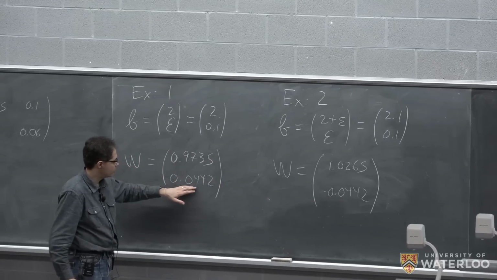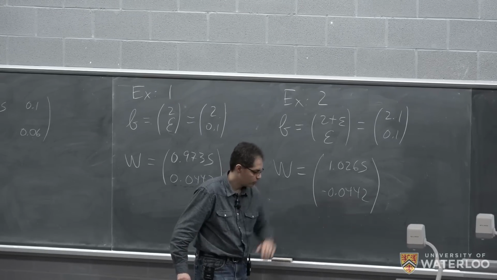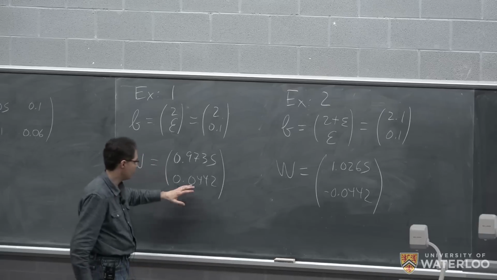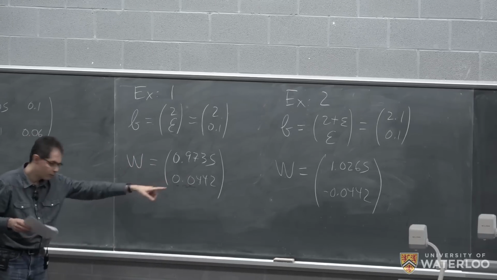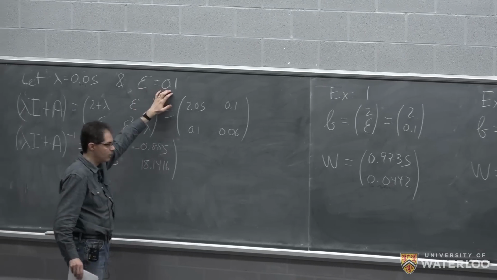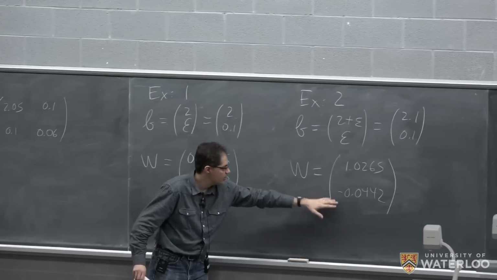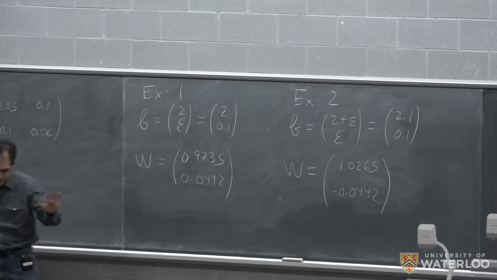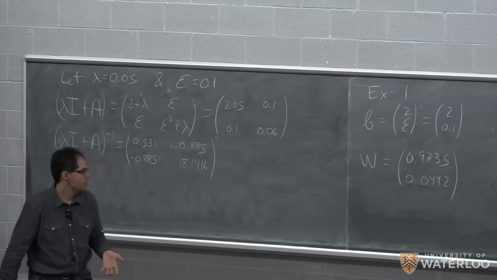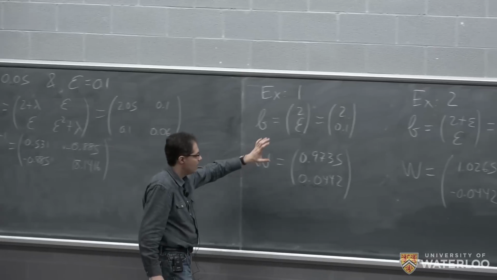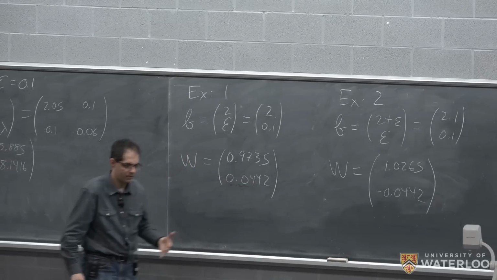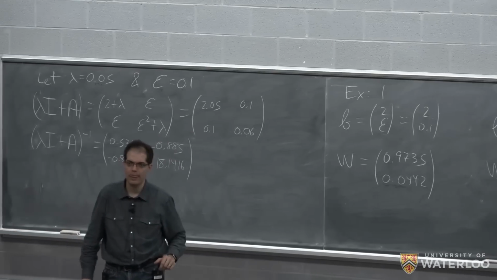Now we have instead 0.0442 and minus 0.0442, and you can see that those values are much closer. In fact, the differences here are in the same order of magnitude as epsilon. Epsilon was 0.1, and now the difference here is also on the order of 0.1. It doesn't have to be exact, but it's on the same order of magnitude. So here we obtain something that reduces the differences in a way that is closer to what we would expect. This is much more stable.